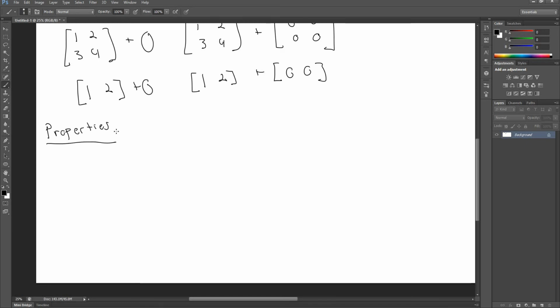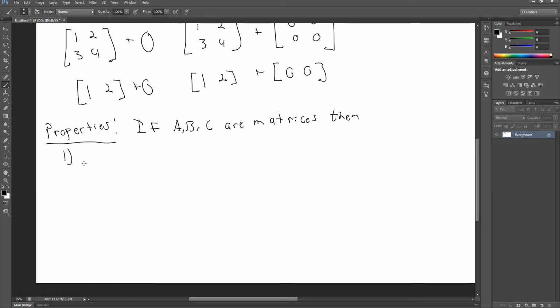that hold for matrix addition. So if A, B, and C are matrices, then we have 4 different properties.